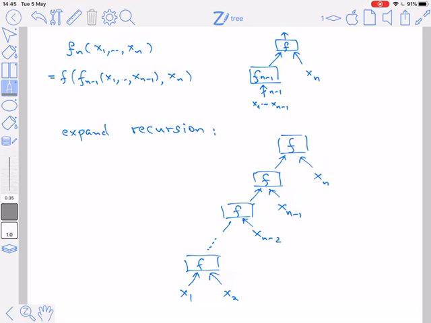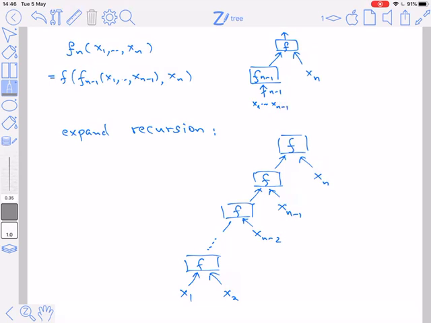Let's try to understand the definition of fn. So the definition of fn says that we apply f to the outcome of fn minus 1 on the first n minus 1 bits together with xn. So if I were to draw this recursion, I have here f, the right operand is xn, the left operand is the outcome of fn minus 1 when applied to the n minus 1 bits x1 up to xn minus 1.